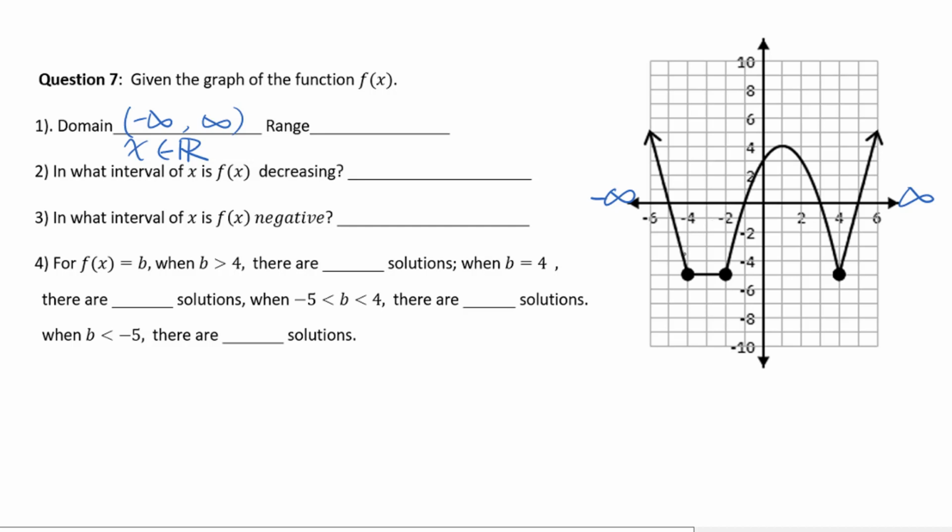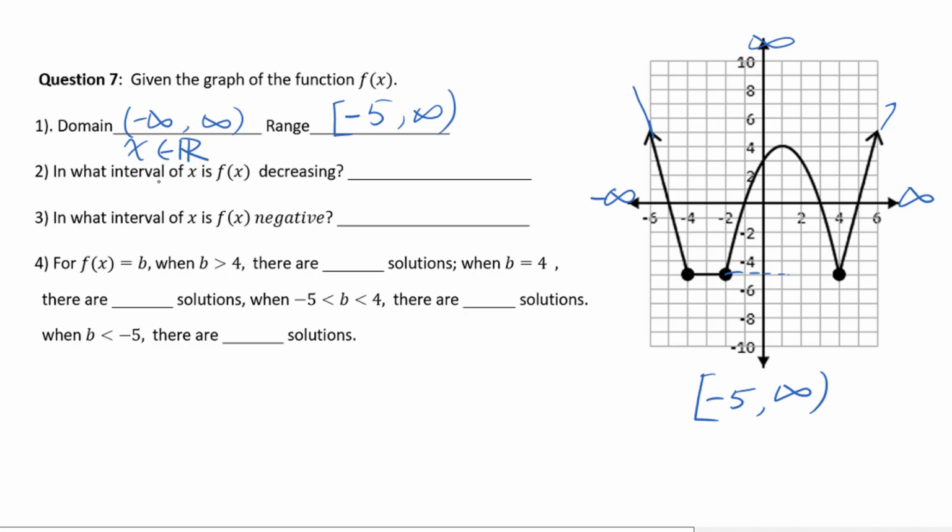For the range, we do have a bottom value, that is -5. Since this is an arrow, that means keep going forever. So no ending point on the top. This is a positive infinity. The range will be close the bracket, -5 to infinity.